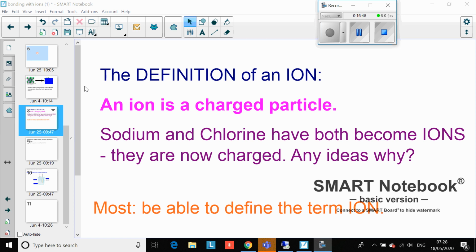For example, everything in group 1, so sodium, lithium, everything below it, they can all become charged particles, and so can some of the ones on the other side. Okay, so can, for example, chlorine, fluorine, bromine, aluminium, oxygen, they can all become charged particles. Okay, and this whole thing is they lose or gain electrons to get that full outer shell.